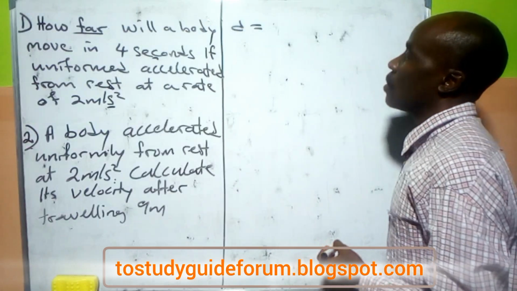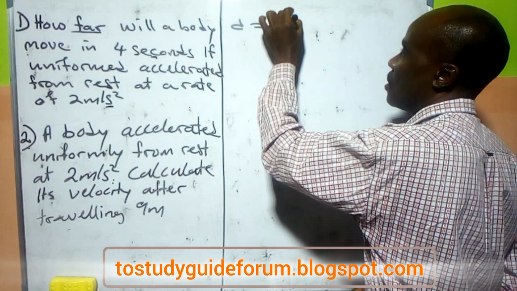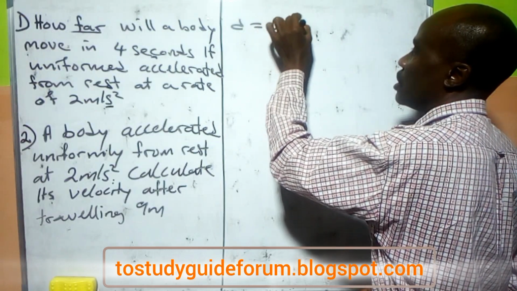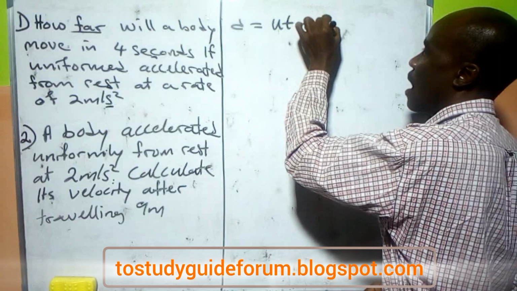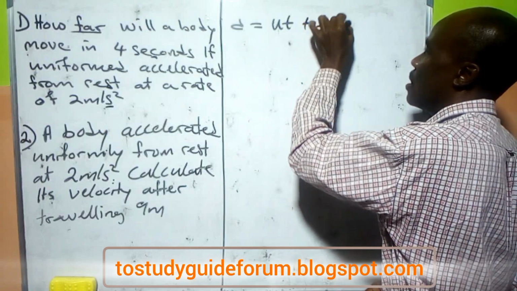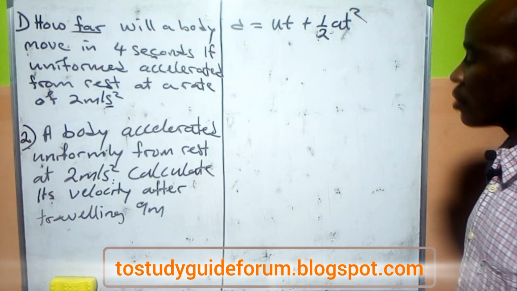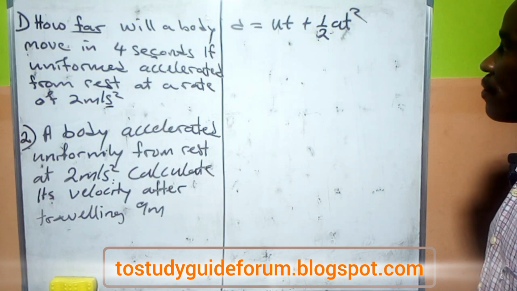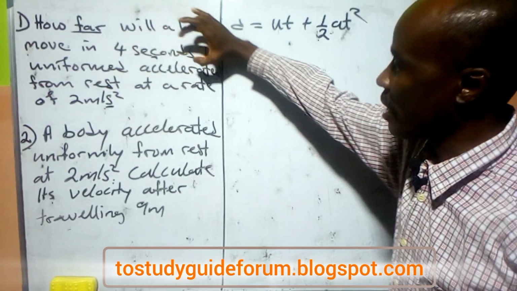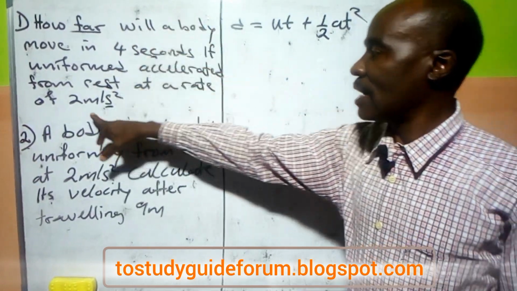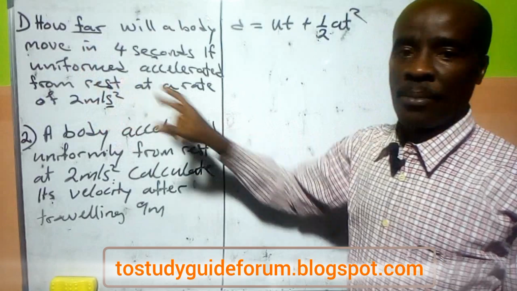Distance. So this is d, meaning distance, equals ut plus half at squared. This is what we are going to be using to solve this problem, because we are looking for the distance, where we are given the time and acceleration, and the motion started from rest.